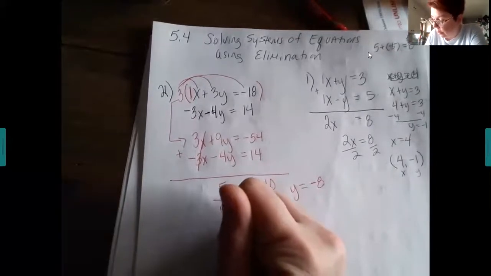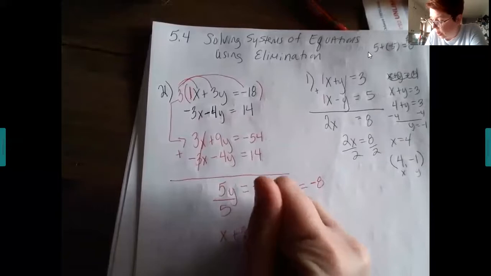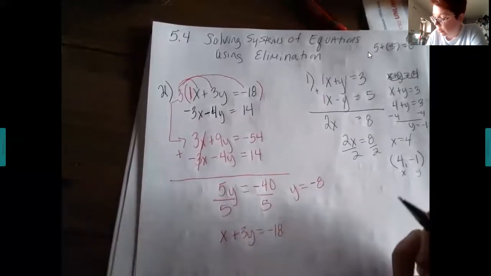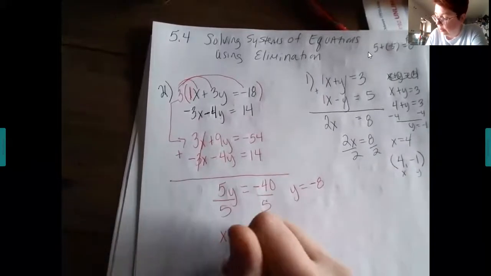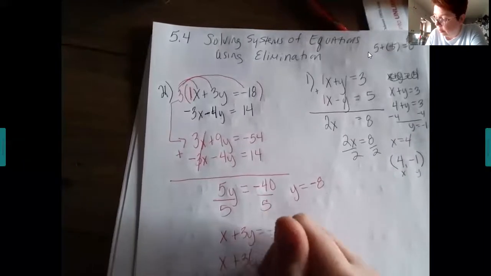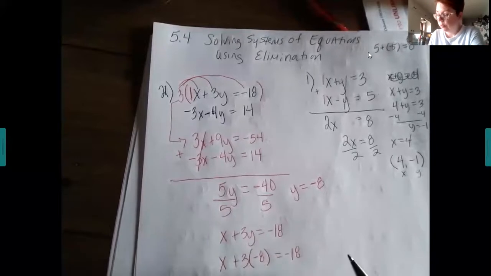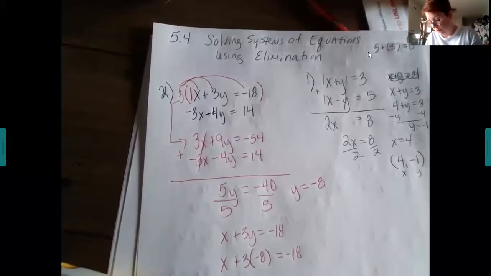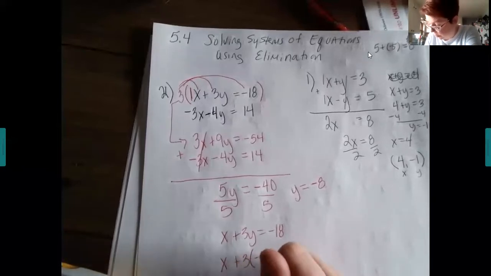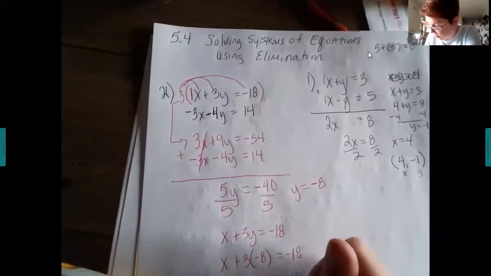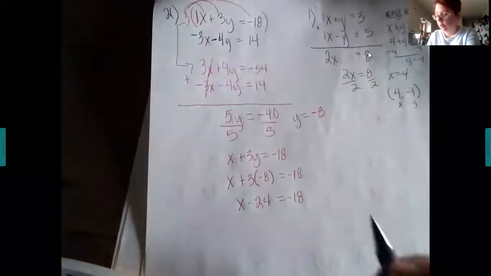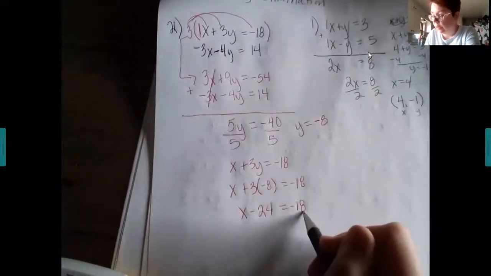All right, so the equation was x plus 3y equals negative 18. My y is negative 8. So when I multiply that together, that's 24. So x minus 24 equals negative 18.